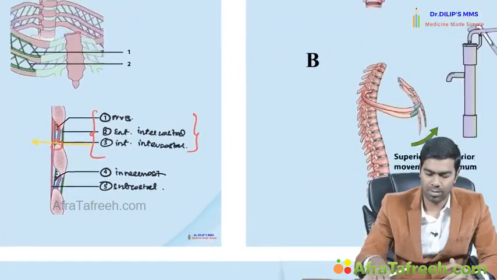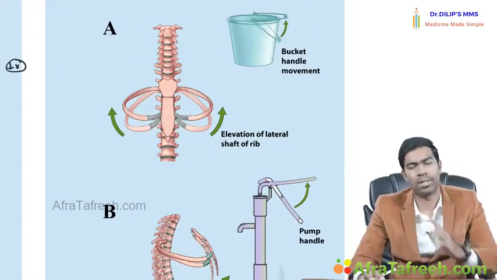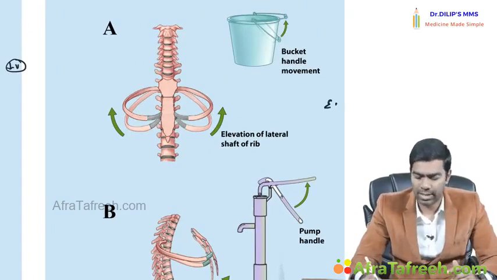Don't try to enter the lower aspect of a rib, because there is a high chance of damaging the neurovascular bundle when you go through the lower aspect of a rib. So always when you are entering the thorax, enter through the superior surface of a rib. Clear? So this is a very important concept to understand. At the same time, you can also see this particular image where you can see the classic external intercostal action.